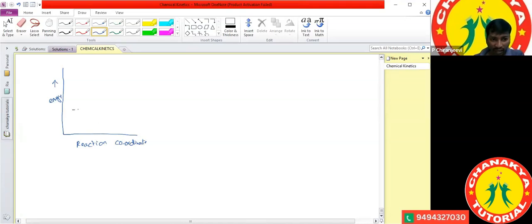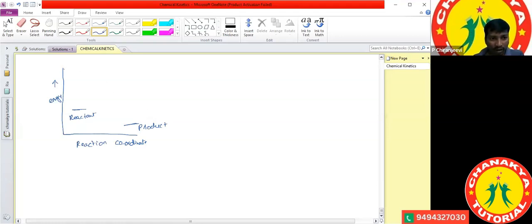Now this we take as the reactant, and this we take as the product.